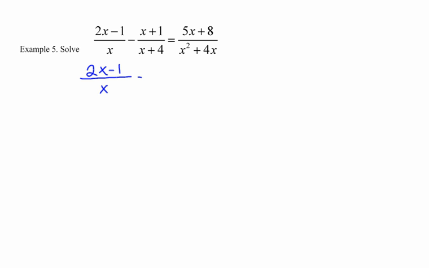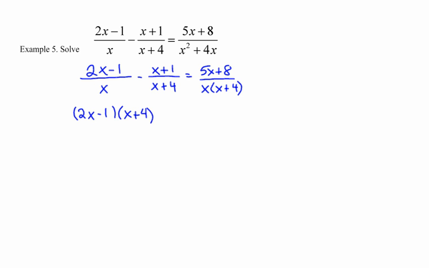So I notice we can factor the denominator over here. Okay, so we want to get a common denominator. What's missing from this guy? X plus 4. So we're going to multiply top and bottom by x plus 4. What's missing from this guy? An x.